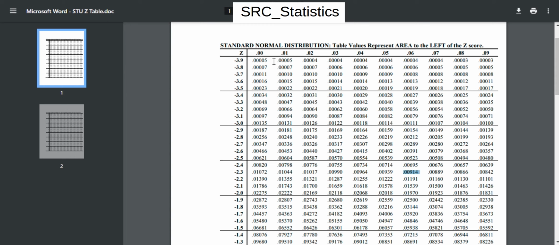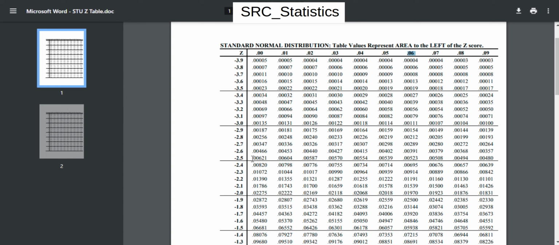So from this Z column we find the value negative 2.3, and from the row we find 0.06. So that will be negative 2.3 plus 0.06, so negative 2.36.